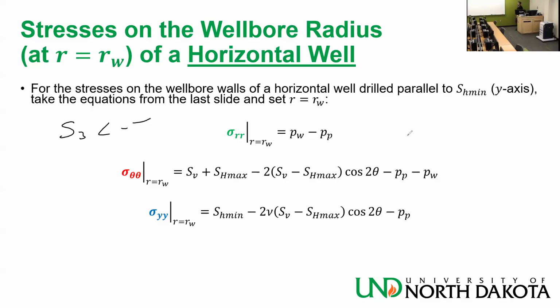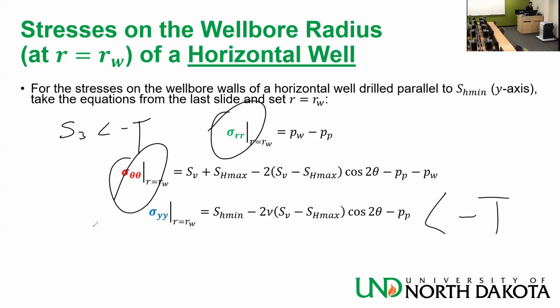Now, it's not enough for this to be the case to get transverse fractures. Why is it not enough? Because one of the other two may have satisfied this condition earlier, which is not good.